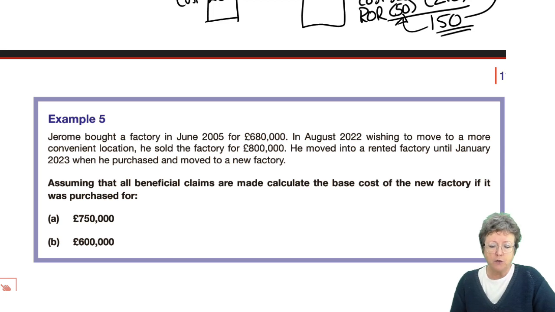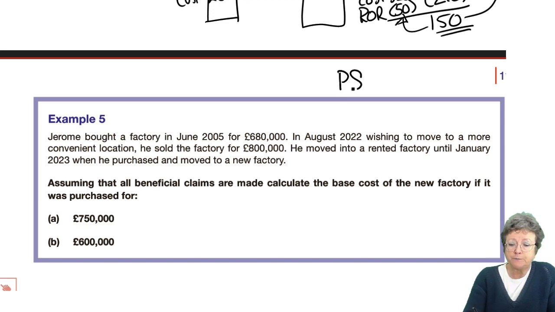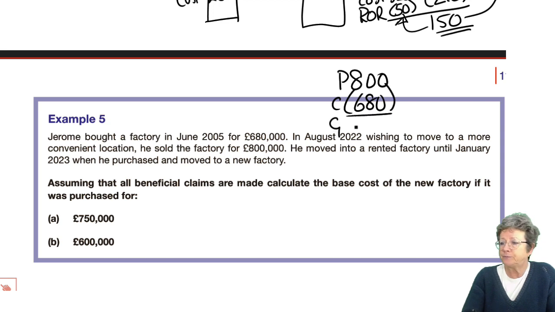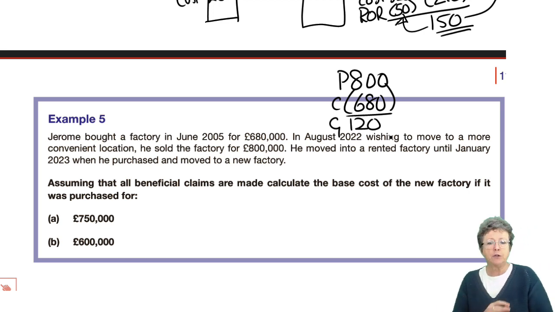In August 2022, wishing to move to a more convenient location, he sold the factory for £800,000. Proceeds less cost equals gain. That always comes from the question. Every single time, that's what you're looking for.